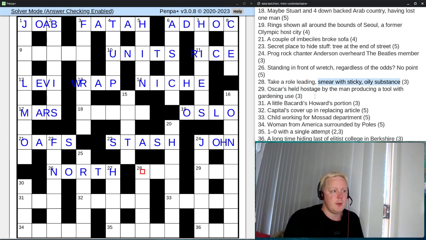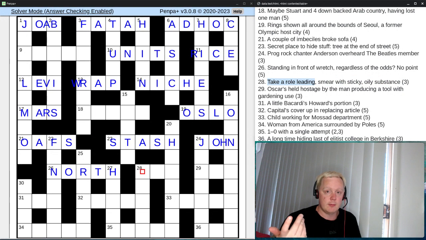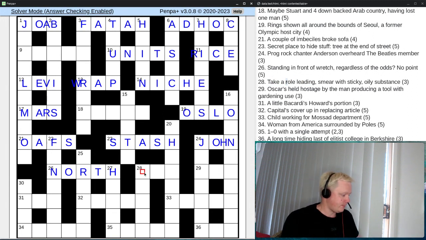So all of this could be the definition. Now, why does take a roll leading give us tar? Well, the leading letters of take a roll just spell out tar, T-A-R. So we take the leading letters of those words and we get tar.